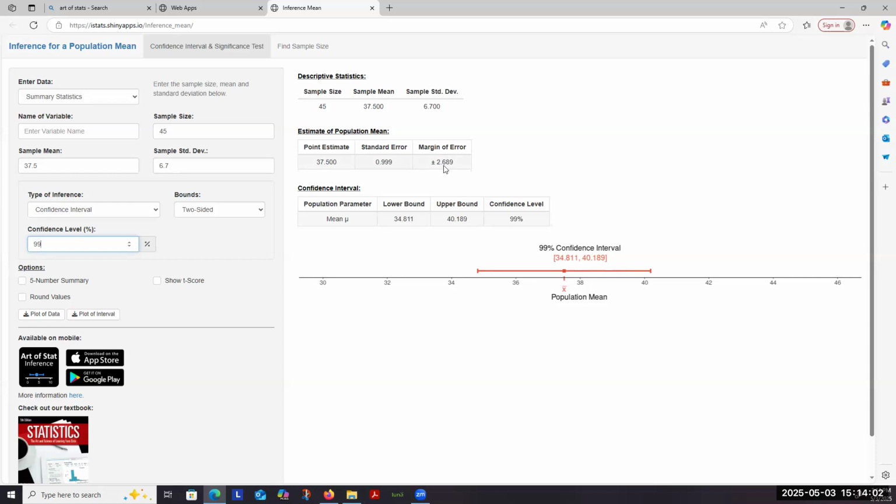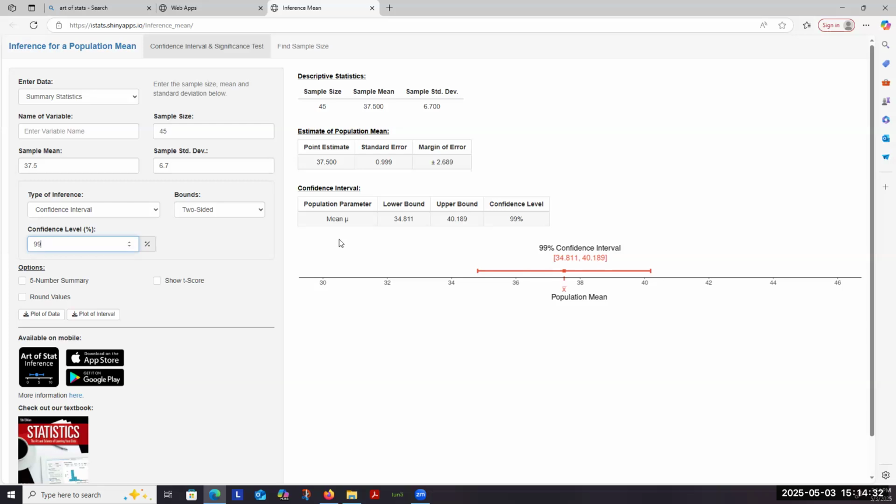That's E. So if you want to do it with the application, you have to take this out and tell us E is equal to plus or minus 2.6, and then you introduce the interval. The interval is between 34.8 and 40. If you round it, that gives you exactly what we have, 35 and 40.